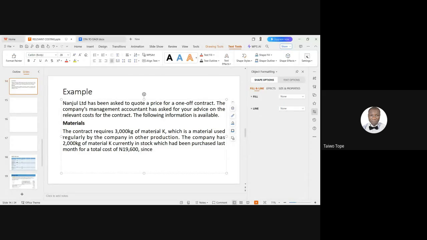Since then, the price per kilogram for material K has increased by 5%.